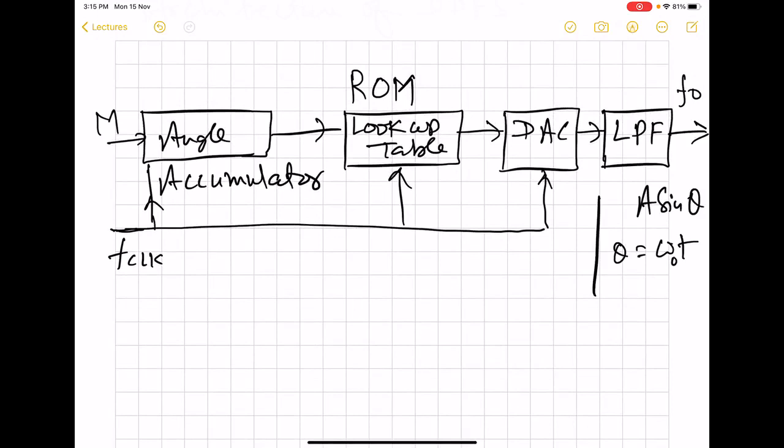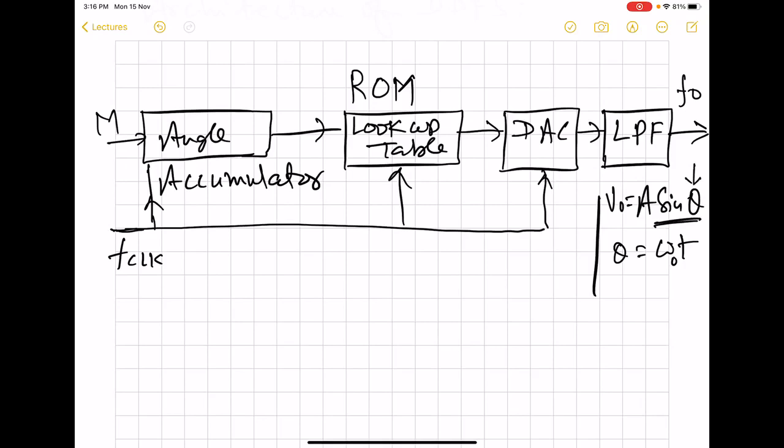So this is the kind of output we want to produce. So we know that to get the value of this output, PO, at any moment of time, we just need to feed this angle theta into this sine function, and then we will have this output voltage, which will be of sinusoidal of frequency omega naught.